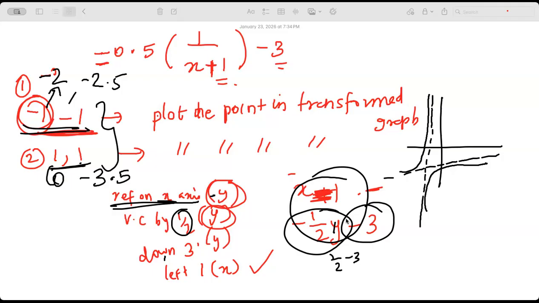I get that negative 0.5 means it's compression, and then it's getting reflected. But I don't really understand the function of all of the parts of the function. You know what I mean?